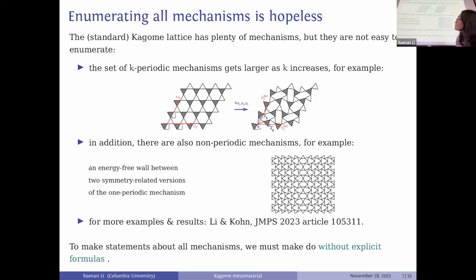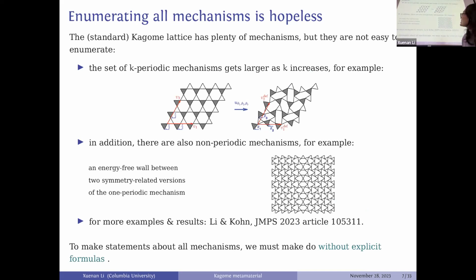The short answer to the previous one is you shouldn't think about enumerating all the mechanisms, because I showed you a 1 periodic mechanism and a 2 periodic mechanism. If you enlarge your unit cell size, you can have 5 periodic, 6 periodic, it's just anywhere. And people believe you can have any kind of periodicity.